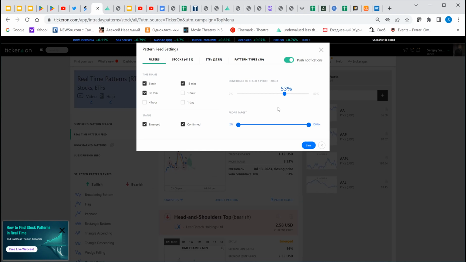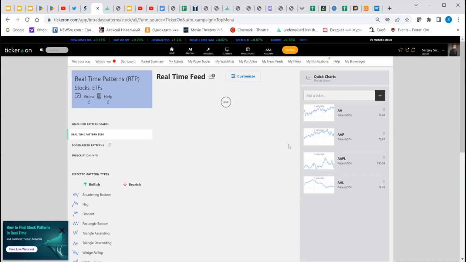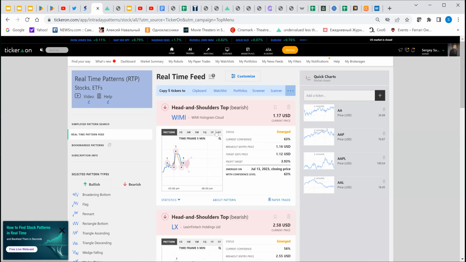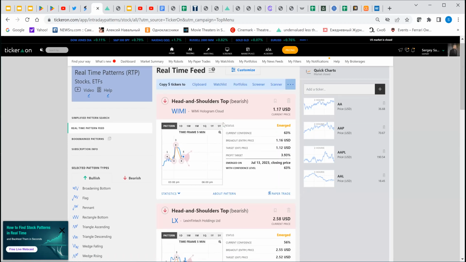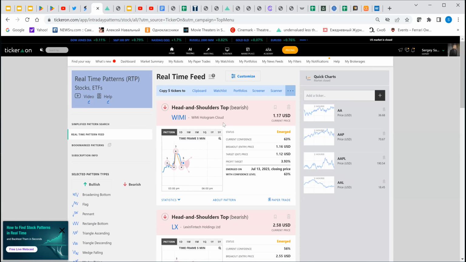And I will show you what it is, okay? And this is the profit target or target price. It's about 2% or more, okay? Let's click save. And now it is showing me all the patterns related to this customization.